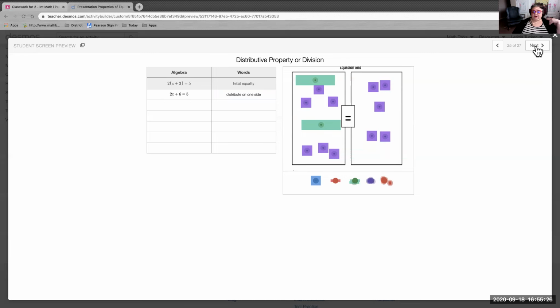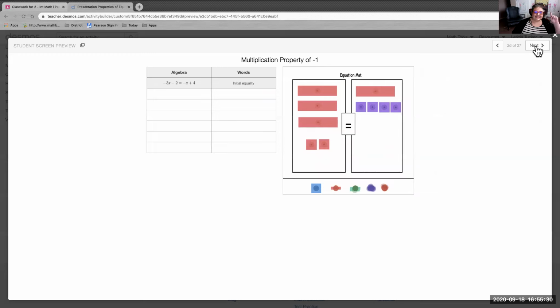Oh, I do have one more, I believe. This one. Okay, I really like this property because you see I have so much red in here. Okay, if I multiply by -1, and it has to be everything, okay? You can't just do part of it. It has to be the whole thing.